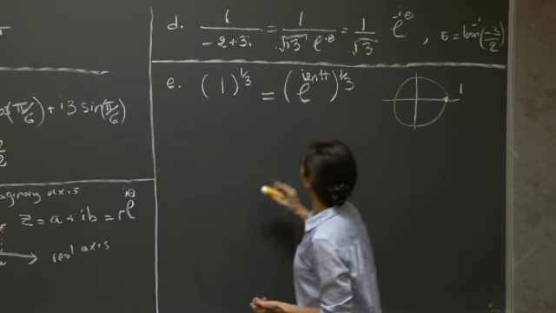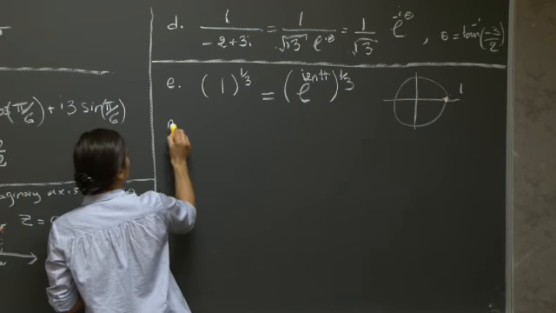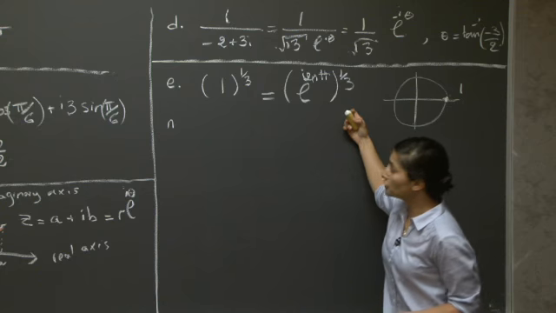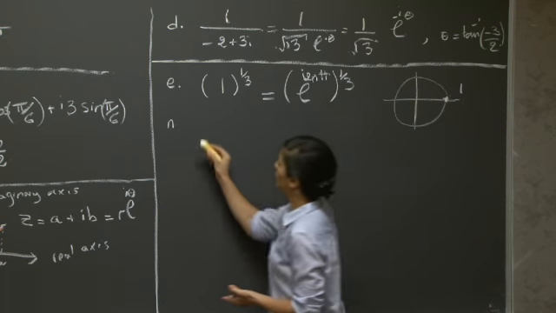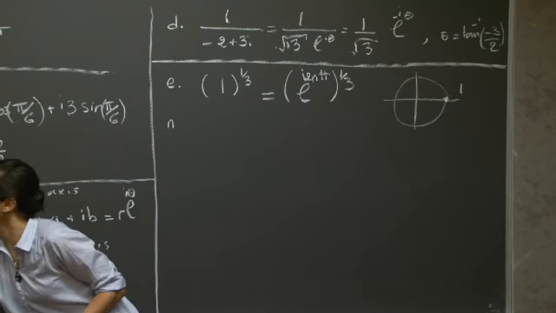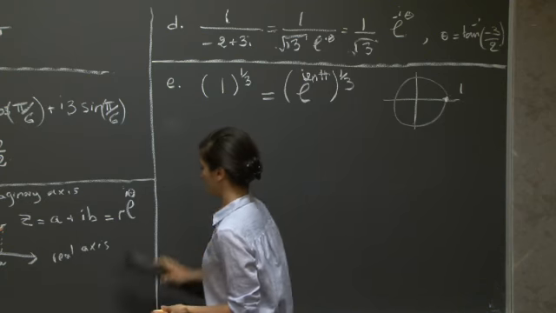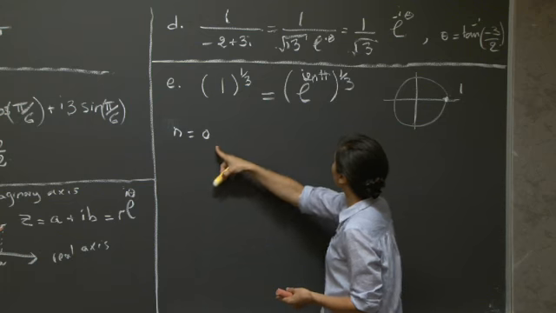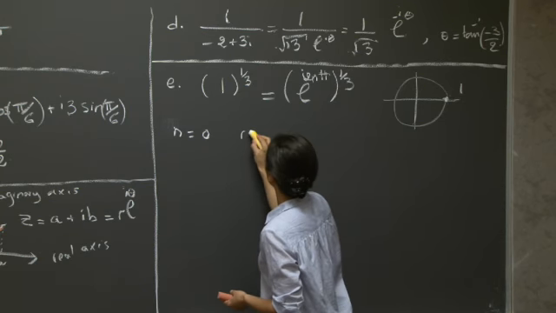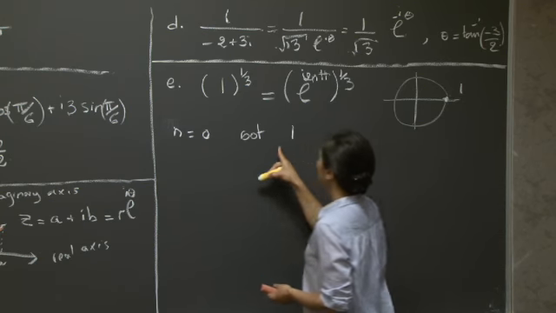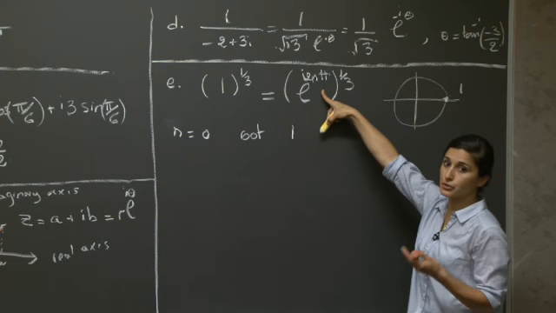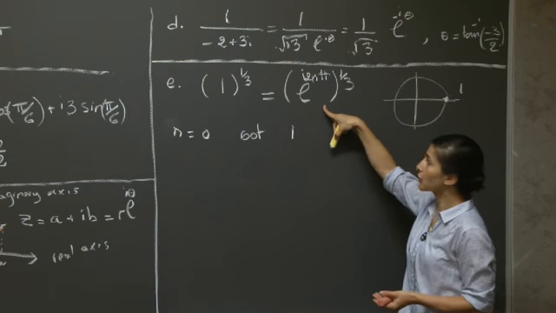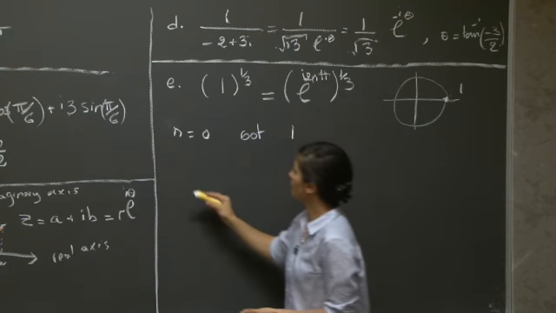And from here, we know that we're looking at third roots, so we're going to have 3 roots. And these roots are going to be expressed by changing the value of n. First one is n equals 0. It's just going to give us back root of 1, because exponential of 0 is just 1, power 1/3 is just 1.